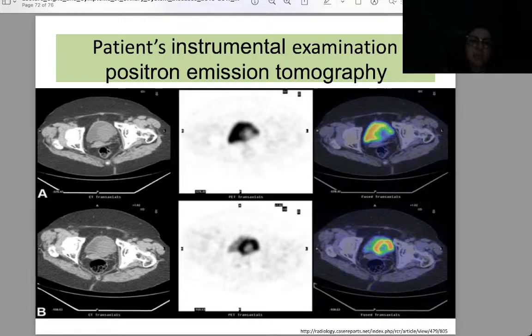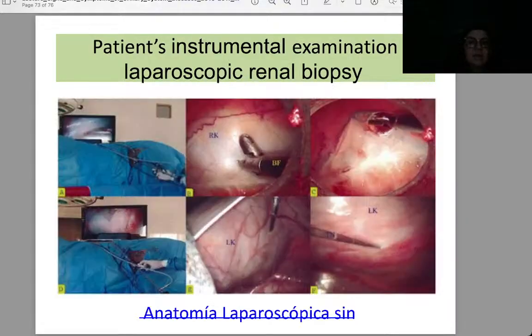Positron emission tomography, in some very difficult diagnoses, can be used for visualization of kidneys too. And laparoscopic renal biopsy. On the photo you see the technique of this manipulation: how surgeons laparoscopically go with a catheter and take a piece of biopsy from the kidney's tissue for analysis.